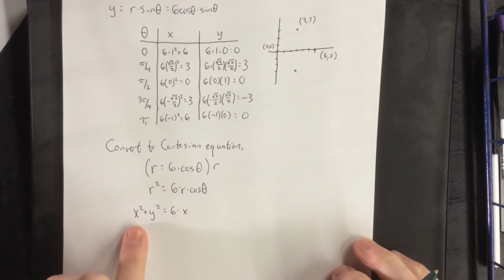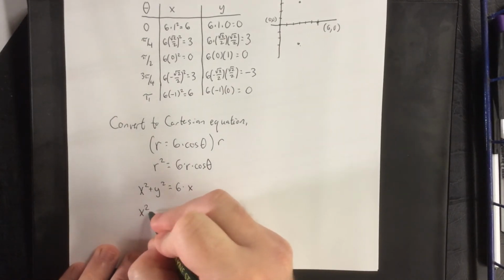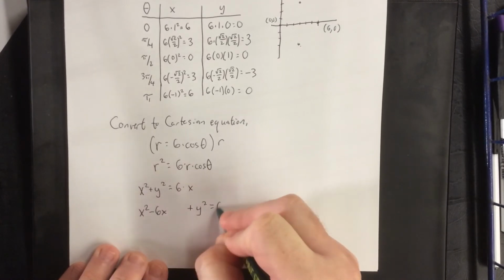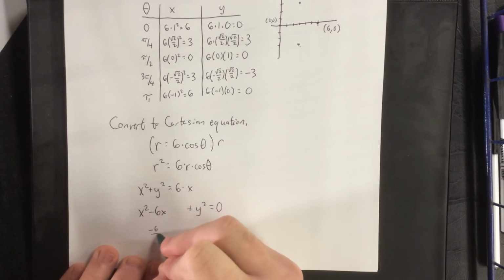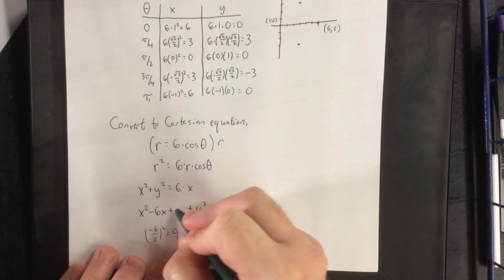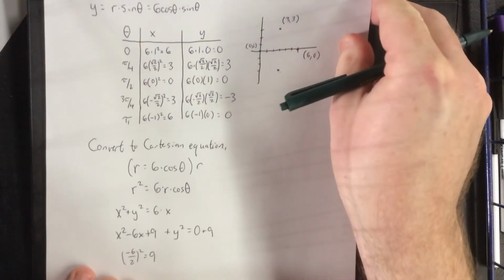Now at this point you probably recognize that this thing is a circle due to the x squared plus y squared, but it's not in the appropriate standard form of a circle. So we're going to bring the 6x over to the left-hand side and we'll complete the square. Divide the negative 6 by 2 and square the result. That gives us 9. 9 will complete the square. And so we'll add 9 to both sides.